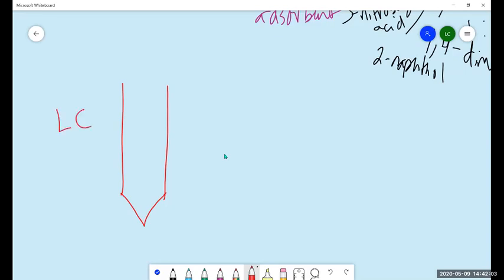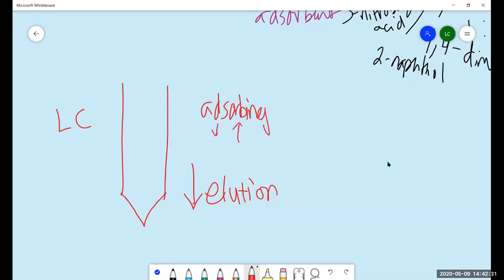We abbreviate it LC for liquid chromatography. And here it's a little bit different because you're eluting down. So elution goes down, whereas your elution was up in TLC. And then something that's adsorbing more will slow down your elution, so you can think of it like it's not going to elute as fast. I don't want to say up because nothing's going up, but it tends to stay up here. It will elute less.